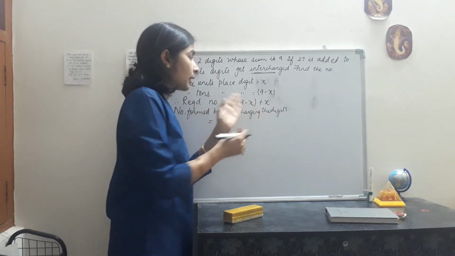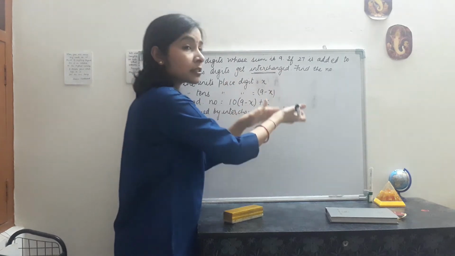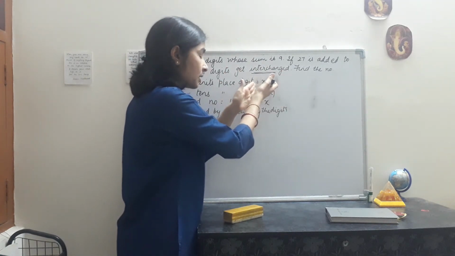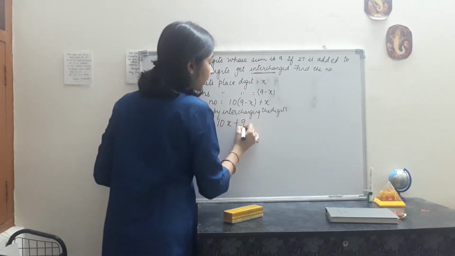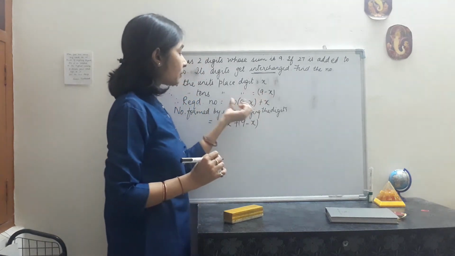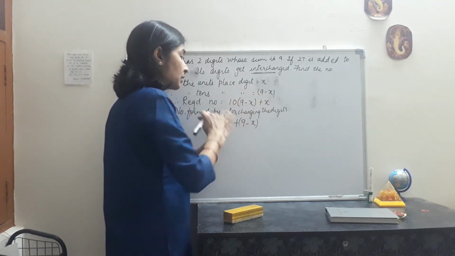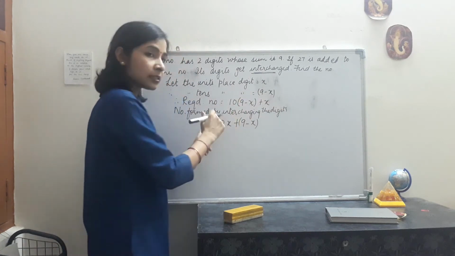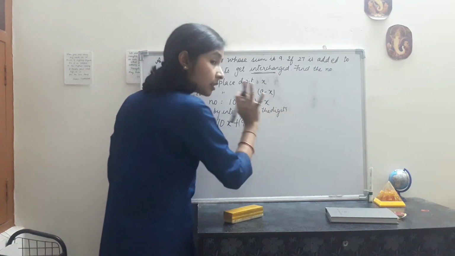Now if the digits are interchanged, then x will be the tens place digit and 9 minus x will be the units place digit. So you will multiply 10 to x, and then add 9 minus x. Understood? Previously we multiplied 9 minus x by 10 because it was at the tens place. Now since the digits are interchanged, it has come to the units place, and x has come to the tens place. So 10 into x plus 9 minus x. That is the number formed by interchanging the digits.